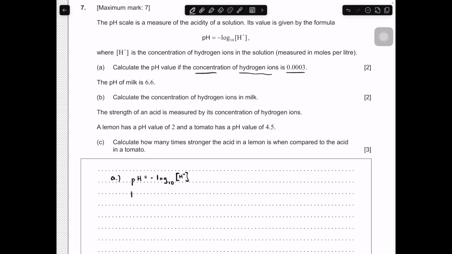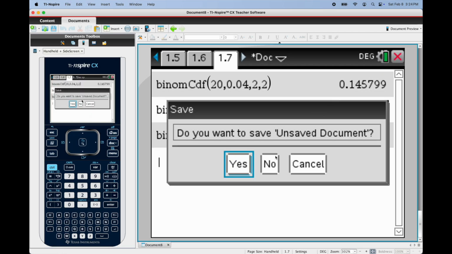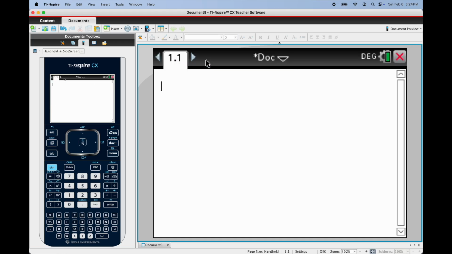So pH is equal to negative log base 10 of 0.0003. All right. Let's go to the calculator and work that out. And to be honest, that's all that actually is in this case. Not a bad 2-mark question in some ways.